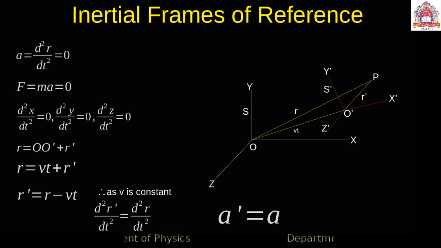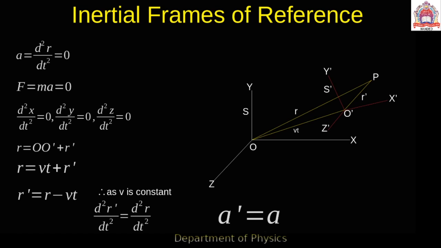In case of an accelerated reference system, F does not equal ma, if a is the acceleration as observed in the non-inertial system. The motion of a body itself has no meaning unless we know with respect to what this motion has been measured.